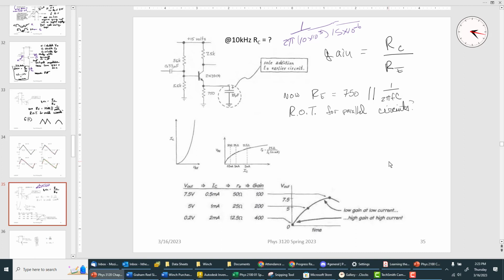The triangle wave is enough like a sine wave that it's not that effect. It's not a frequency effect. You can assume that the frequency is the same over the whole thing. And you'll also notice that this effective R is much larger than the R you're going to calculate with 1 over 2 pi FC.